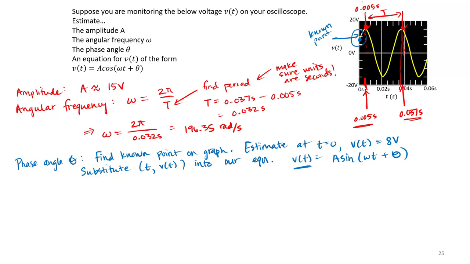So if I do that, here I have 8 volts, and that's going to equal an amplitude of 15 volts times sine of 196.35 times time 0 plus theta. You can solve for theta.